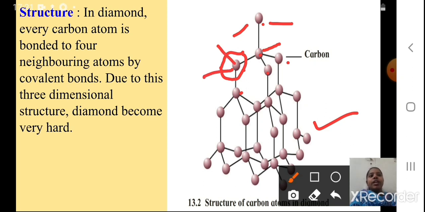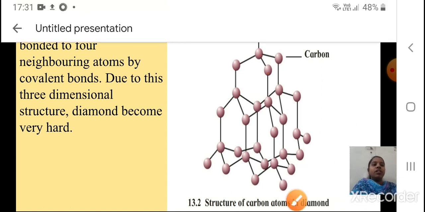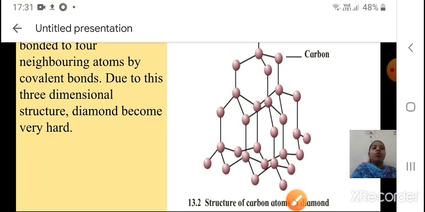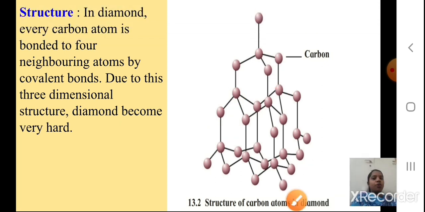If you take this carbon in between, you can see bonding with this one, this is the second, this is the third and this one is the fourth. So like this, one carbon atom is bonded to the 4 neighboring atoms by covalent bonds. Students, I hope it is clear how 4 bonds are formed.